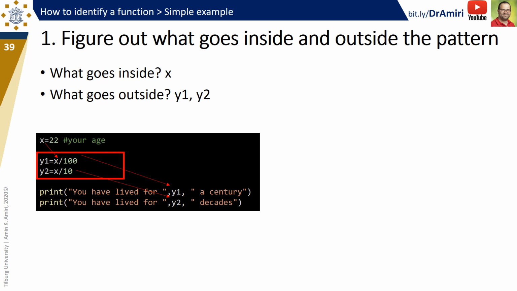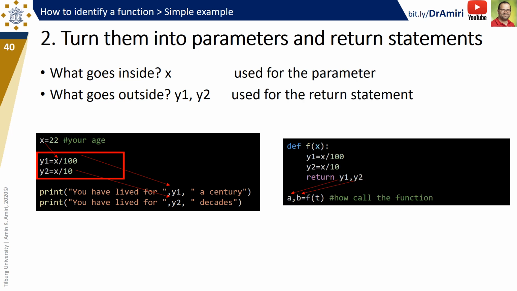So this shows the parameters and the return statements of the function. So we use x as a parameter, and we return y1 and y2 as the outcome of this function.